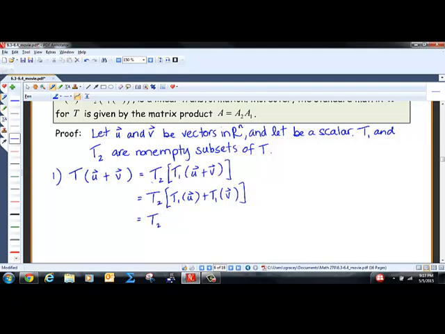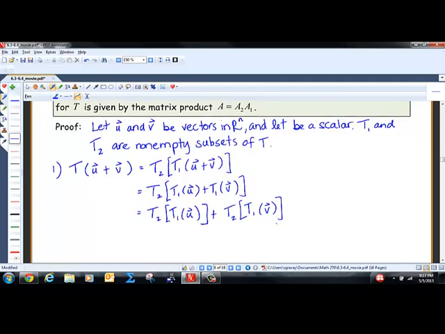T2, my bad, I'm sorry, I'm tired tonight. So T2 at T1 of u plus T2 at T1 at v. Okay, so far? But what is that?